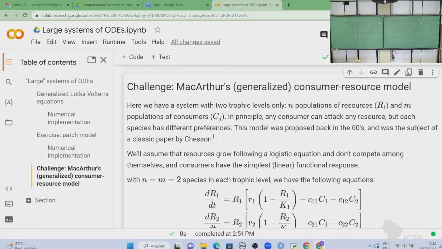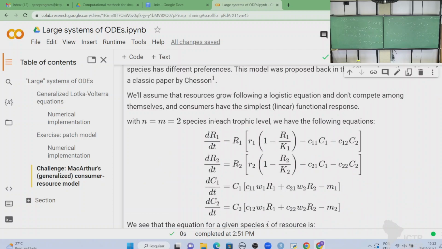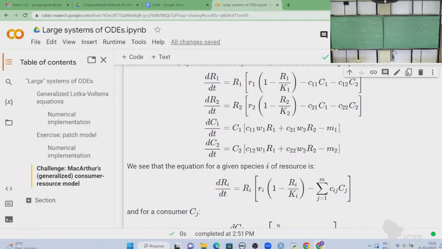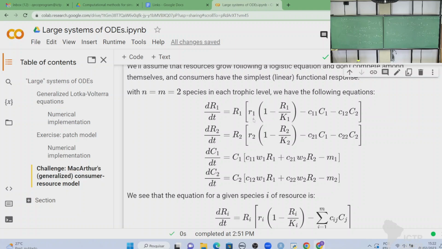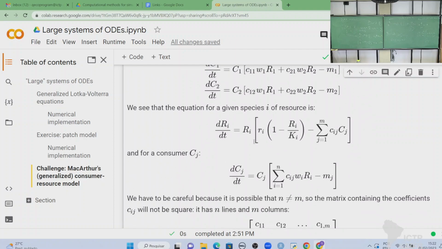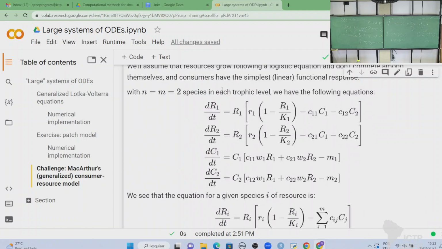And I left a further example here in this notebook, but this is actually a challenge, okay? So let me talk very briefly about this. This is the MacArthur consumer resource model, where you have a set of resources and a set of consumers, right? And the consumers only grow when they consume the resources, okay? And then we generalize this with n resources and m consumers, okay?